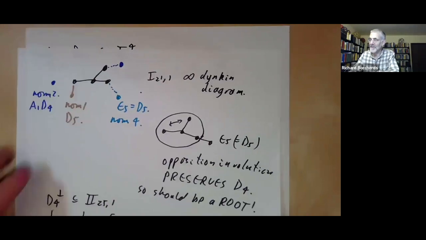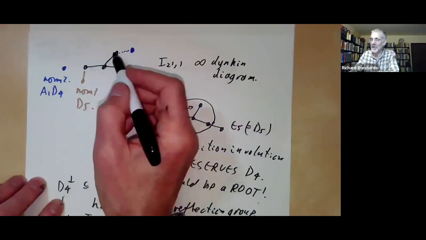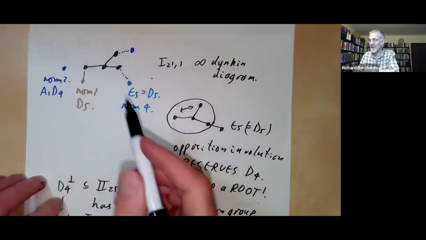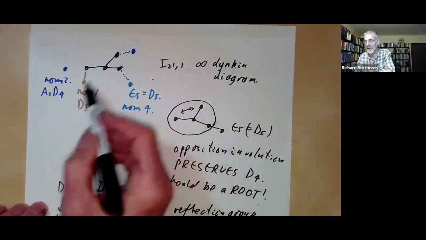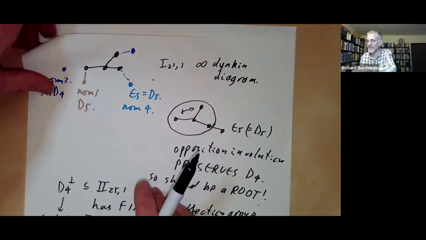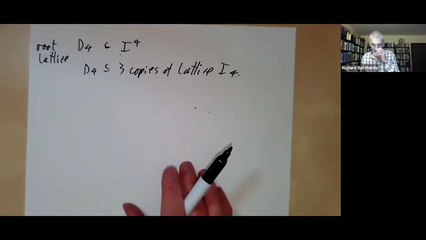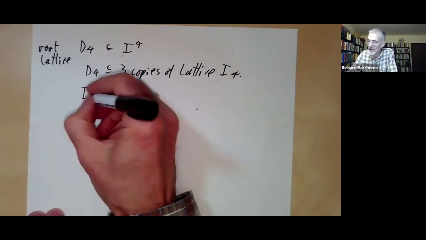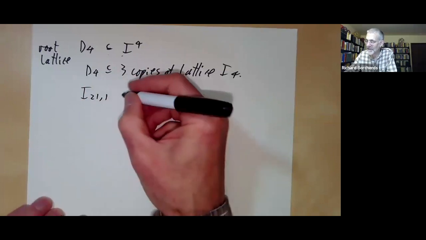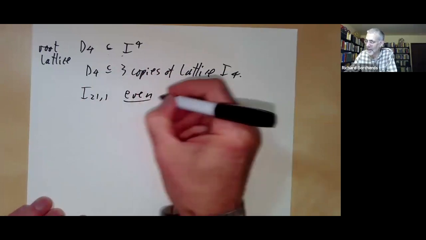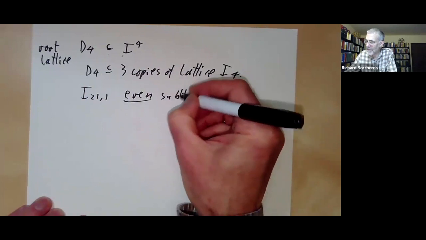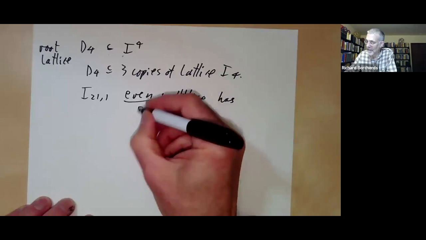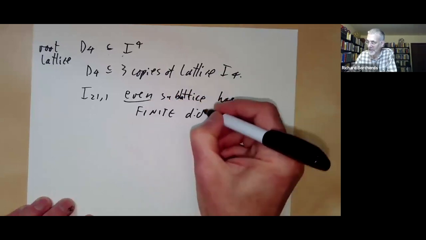You can see that this D4 has a triality symmetry where you can permute these three vertices, and that's why they're all behaving in the same way. They all really correspond to roots. So I21,1 has the funny property that its even sublattice has a finite Dynkin diagram.